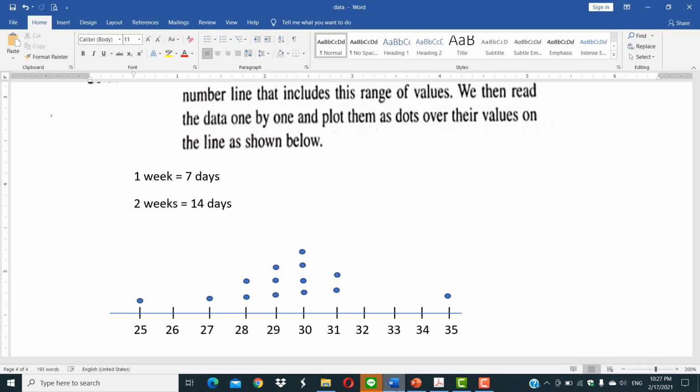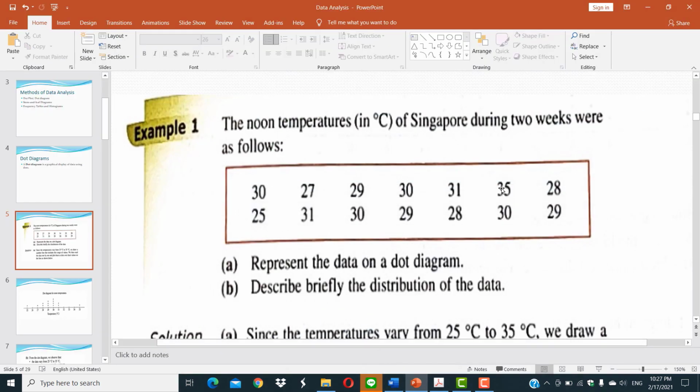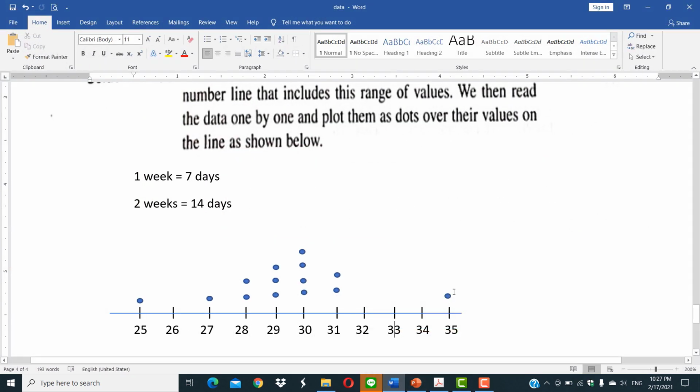Last one, 35, only one, that's why only one dot.